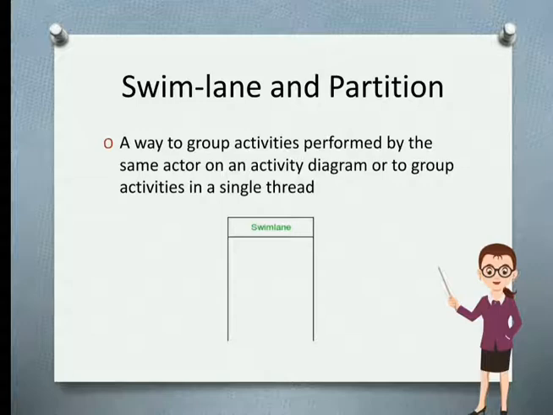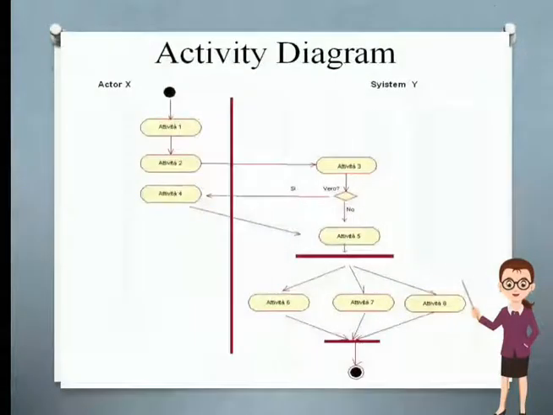Similar to that, an actor is represented, and below that actor, the activities that are performed by that actor are shown. Consider an example of a swim lane activity diagram, where actor X and actor Y are there.